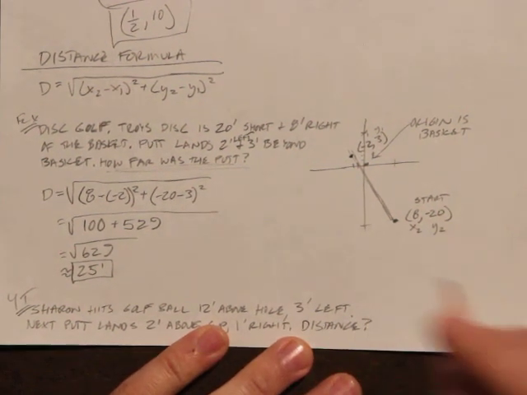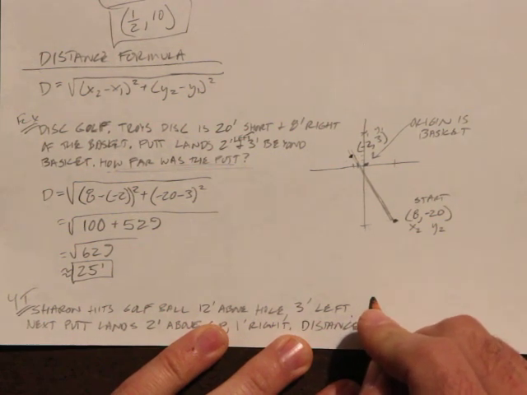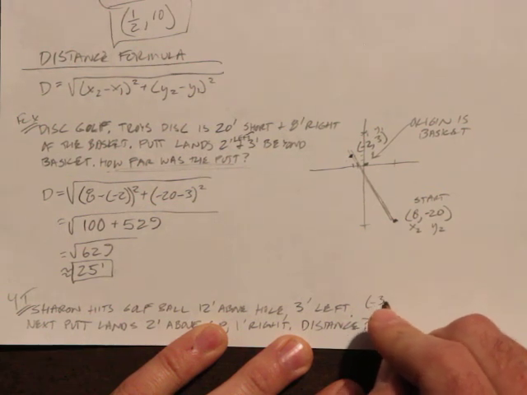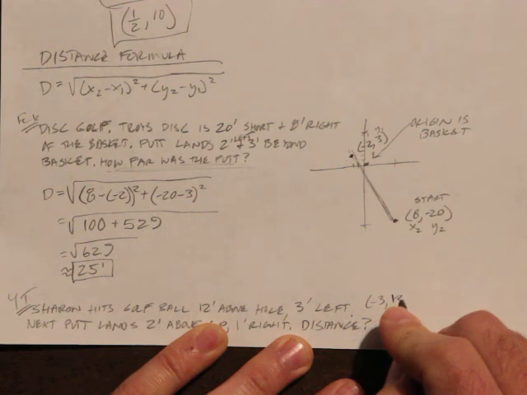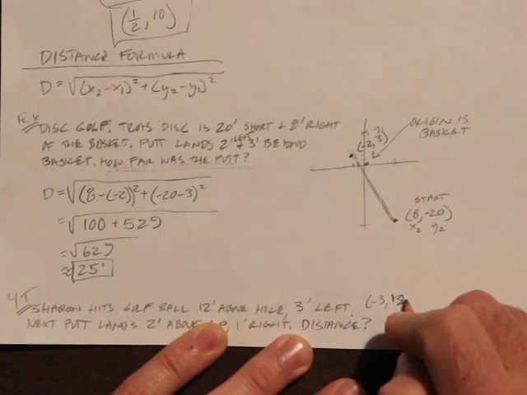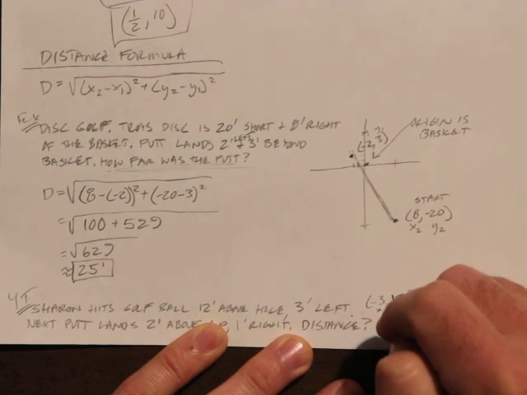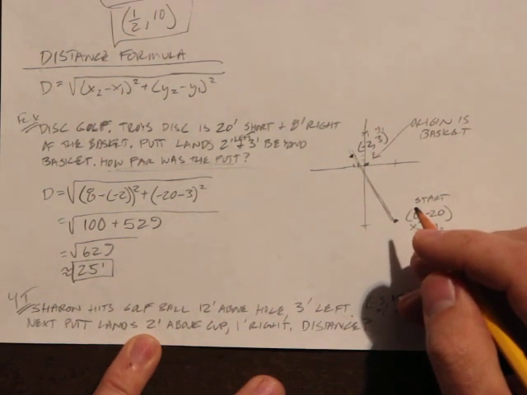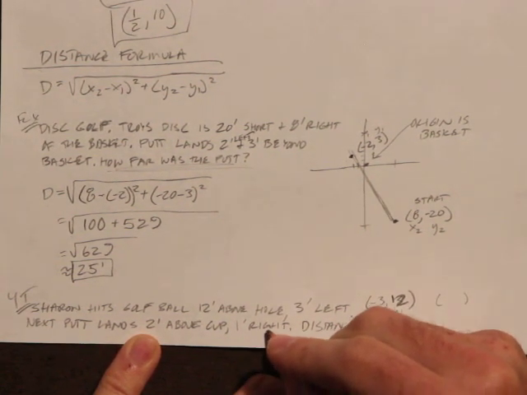Okay, I'm not going to do this whole thing, but I'm going to say what the points would be. So 3 feet left, so that would be negative 3 for my x value. 12 feet above, positive 12 for my y value. So I can say that's x1, y1. And then my other point is 2 feet above the cup and 1 foot to the right.